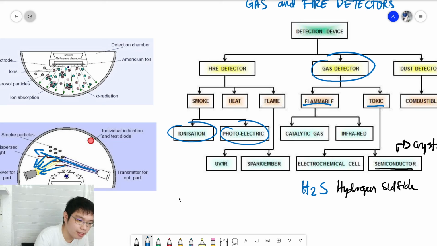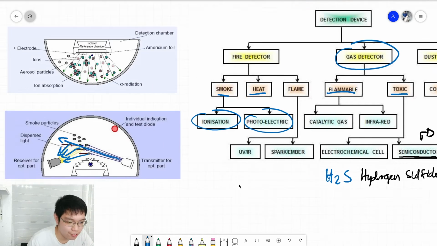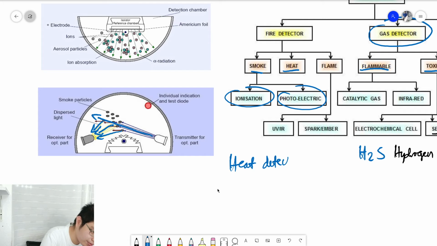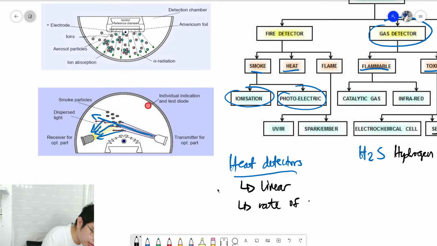Another way to measure is with heat, another byproduct of fire. So if fire creates smoke, fire also creates heat. We all know that. So there are two kinds of heat detectors: the linear and the rate of change.